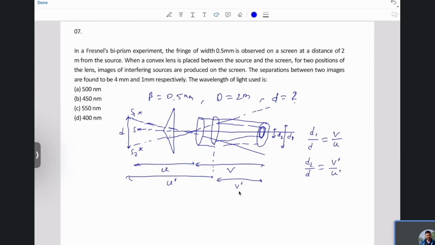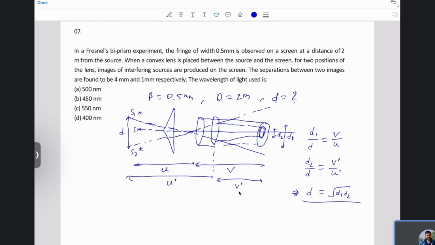Okay, and so from these two formulas, you can write simply d equal to square root of d1 d2.